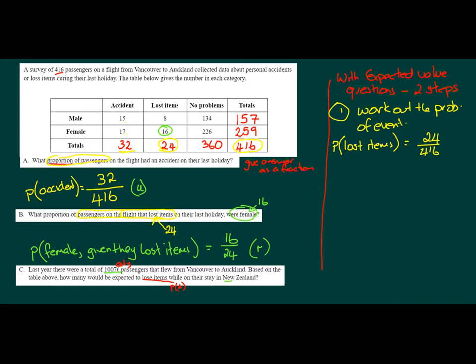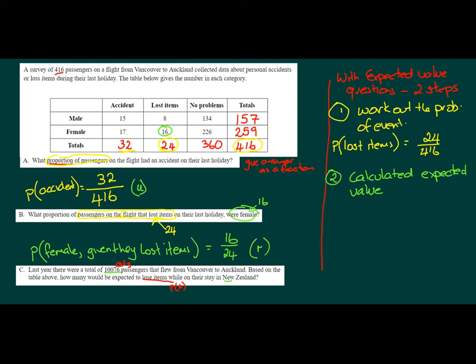It's kind of like you're reading the question backwards to forwards. You're trying to find the probability, and then we're going to do the expected value. Step two is calculating the expected value. So what we're doing in this question here is we're using the information from our one single flight with 416 passengers from Vancouver to Auckland, and we're using the probabilities there to extrapolate for all of the passengers that flew that year on that particular flight.